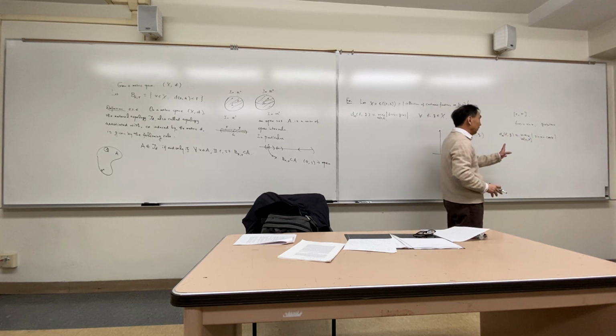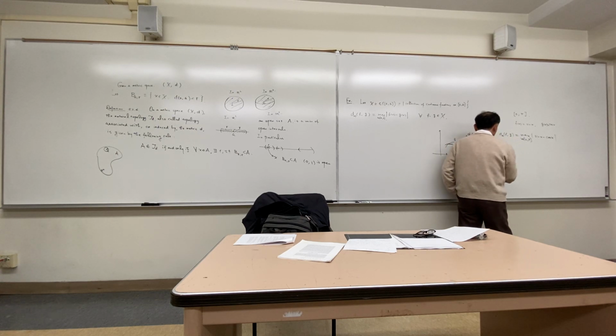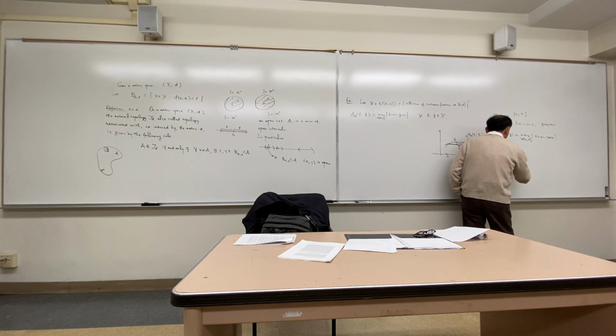Now let me draw a picture to show you the maximum distance. It's going to be 2, right? This is from 0 to pi, and the graph of sine looks like this, this is pi over 2. This is the graph of y equals sine x, and the graph of cosine looks like this.